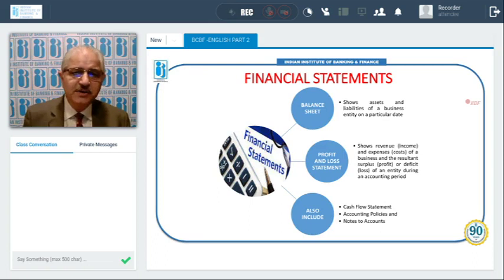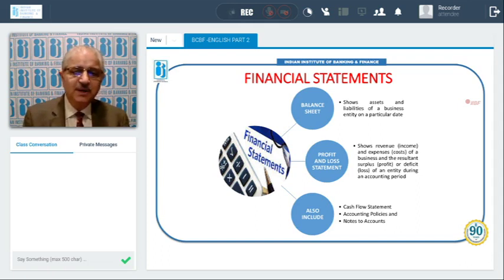So during an accounting period, you find out your profit or loss. The balance sheet shows you the financial position on a particular date, and the profit and loss account tells you about the profit or loss for that particular year.